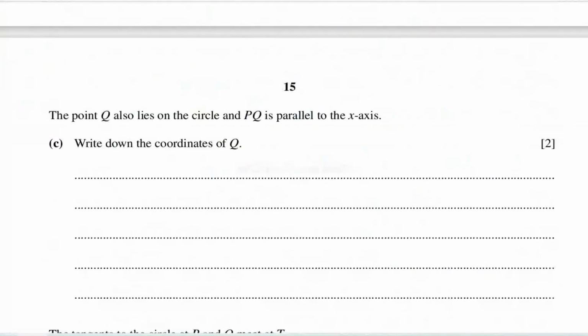Next part of the question is, the point Q also lies on the circle and PQ is parallel to the x-axis.